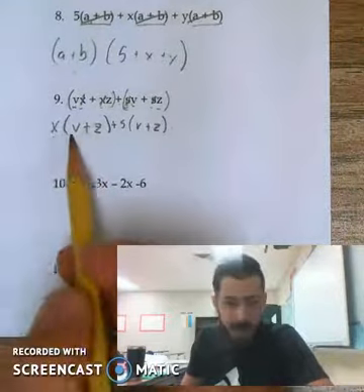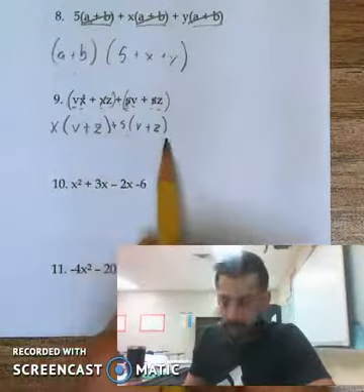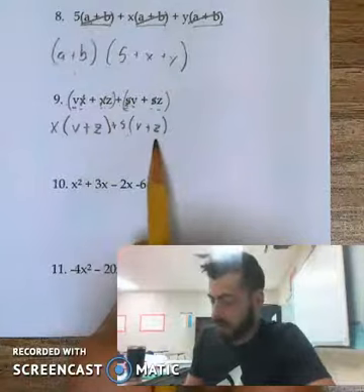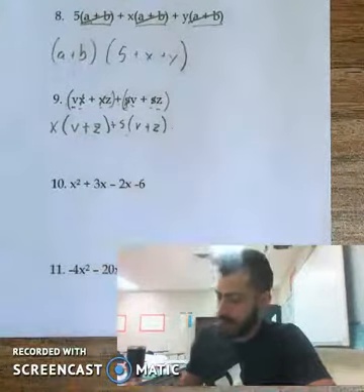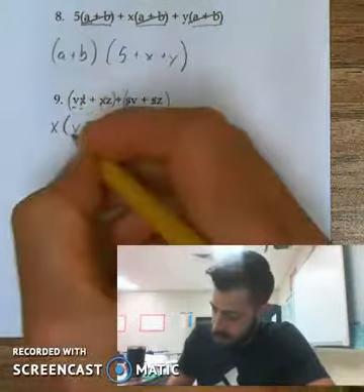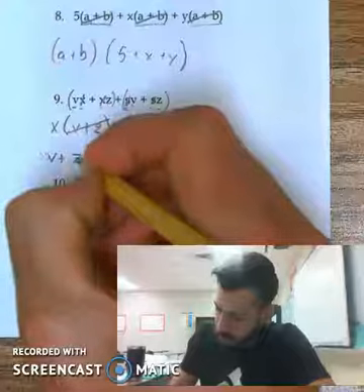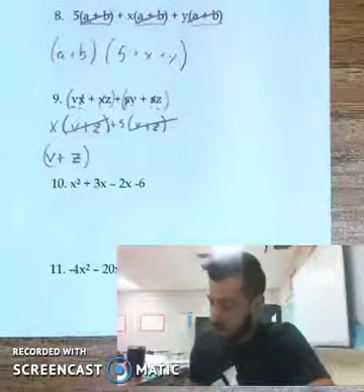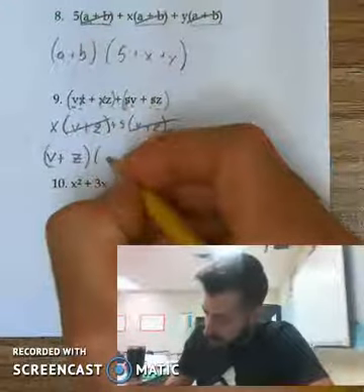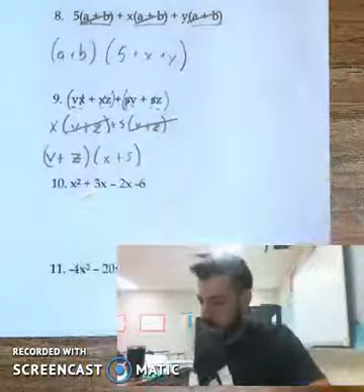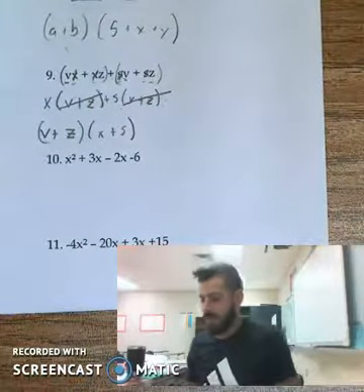A value multiplied by a binomial, that's 1 term, plus another value multiplied by the same binomial, that's the second term. We are allowed to factor out that binomial, v plus z, and we would be left with the stuff that was left over, x plus s. And now we have it in 2 binomials, it's fully factored, and we're good to go.